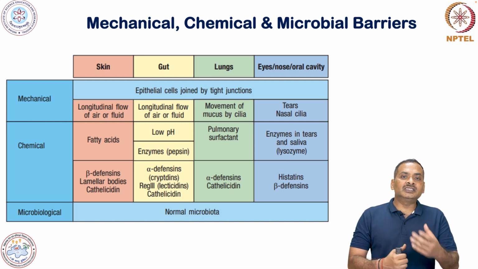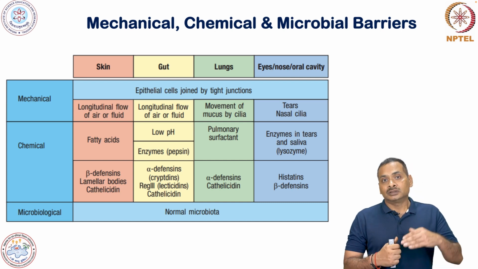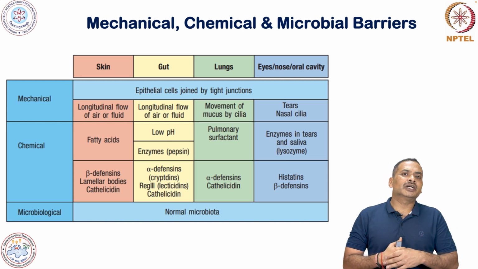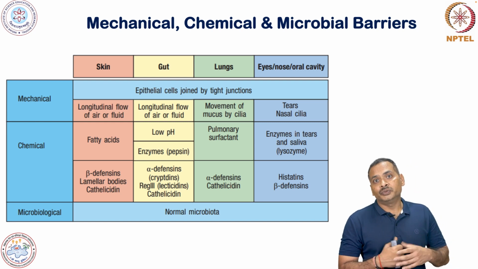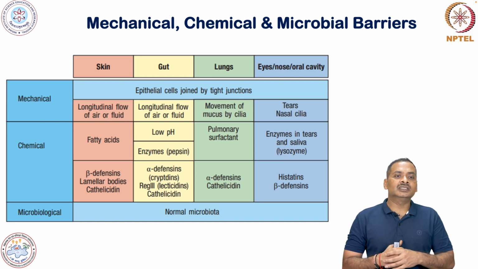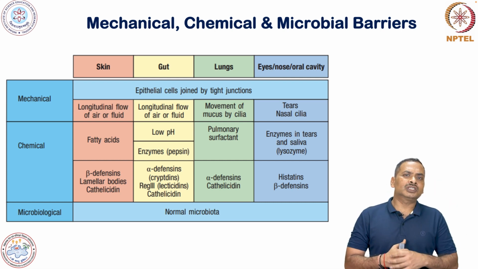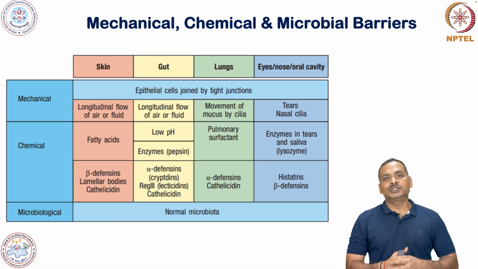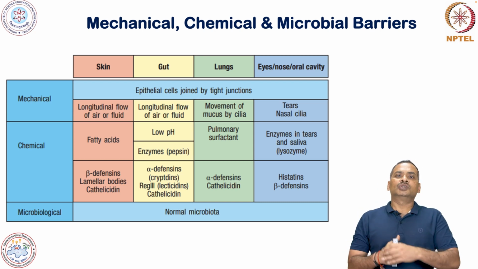These cells produce these molecules and defend against microbial pathogens. In lungs, there is movement of mucus by cilia. In gut also there is continuous production of mucus. There is a specialized cell present in the gut, which we call the goblet cell. I will discuss it in more detail.